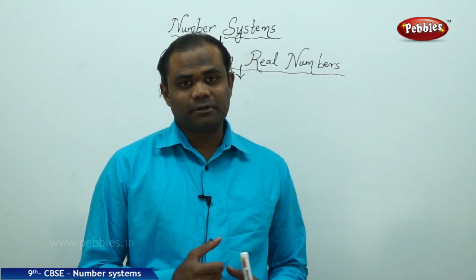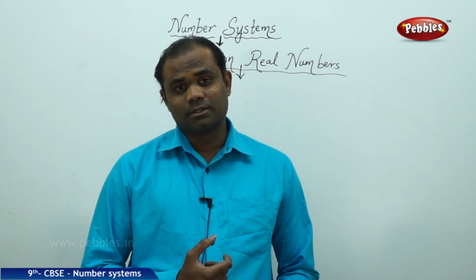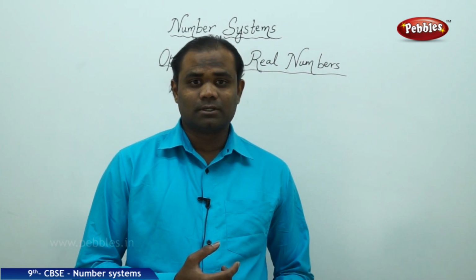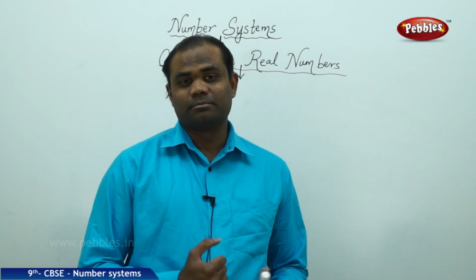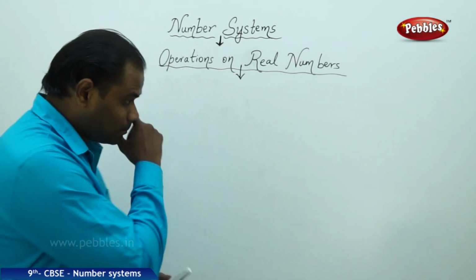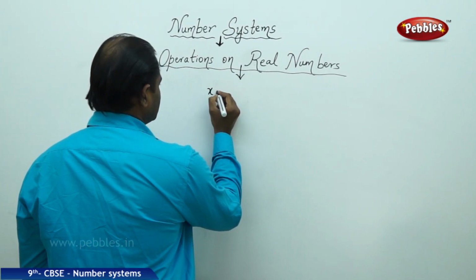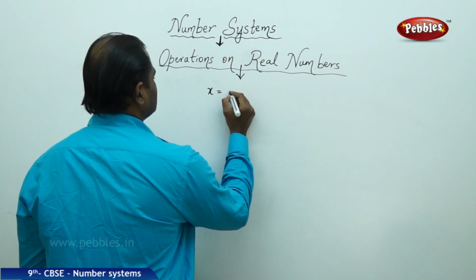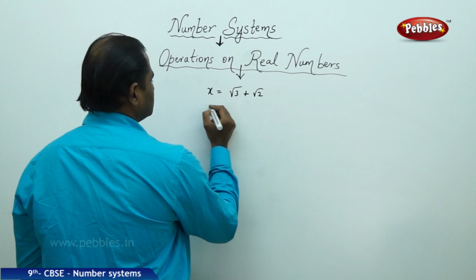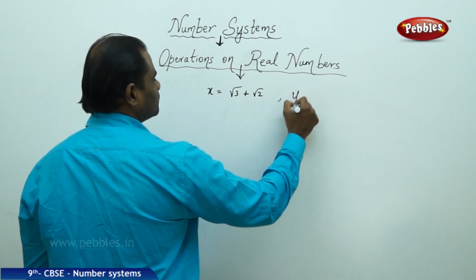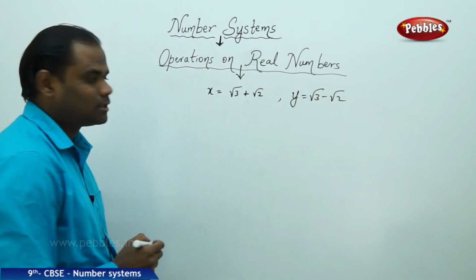Now let's see the different types of operations which are applicable to real numbers, mostly the rational numbers and irrational numbers, which play a vital role in the simplification process. For example, I have two real numbers. Say my x is root 3 plus root 2 and my y is root 3 minus root 2.